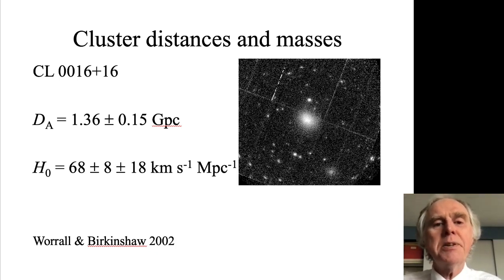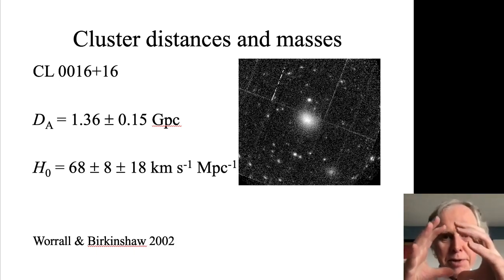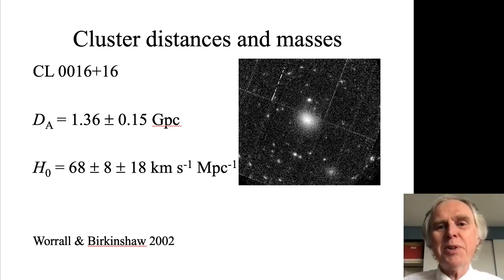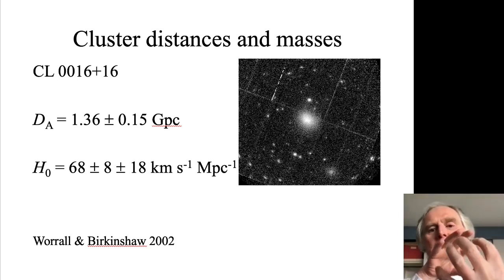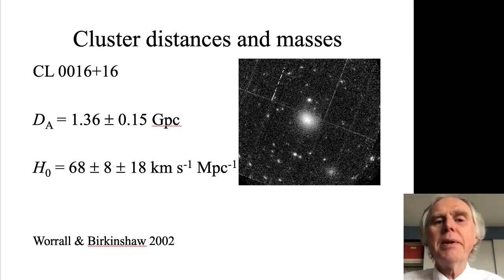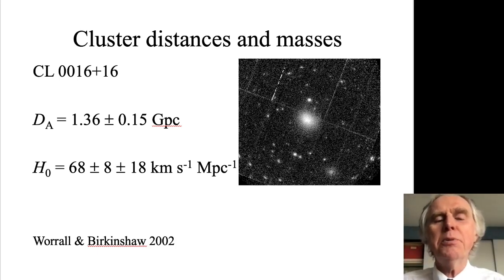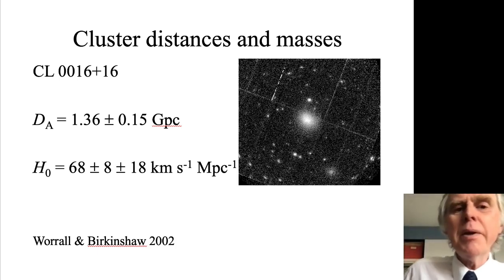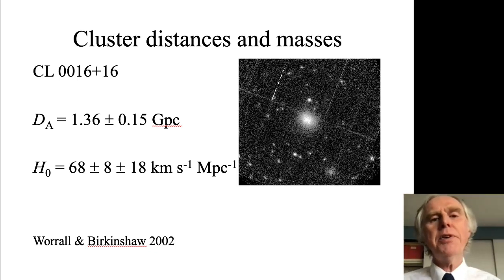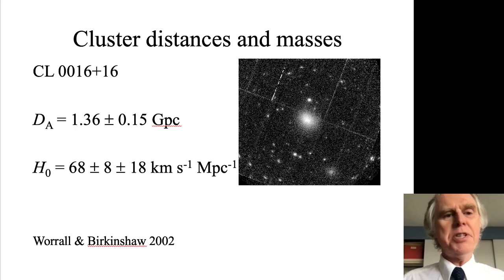To that we added an error of 18 to allow for the fact that this cluster could be non-spherical. In fact, it looks non-spherical here. But if it's long and thin and pointed towards you, there could be a bias. And if it's flatter and on the sky, there could be a bias. You could eliminate this final error by averaging over a sample of clusters, but we were doing just one.